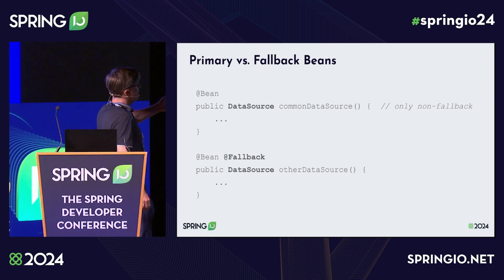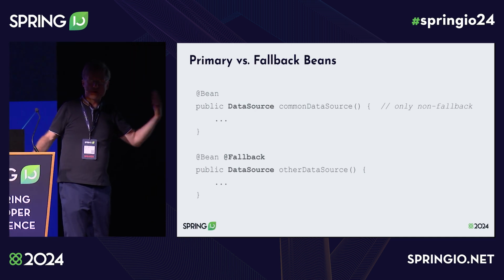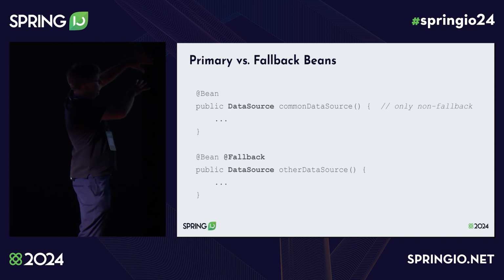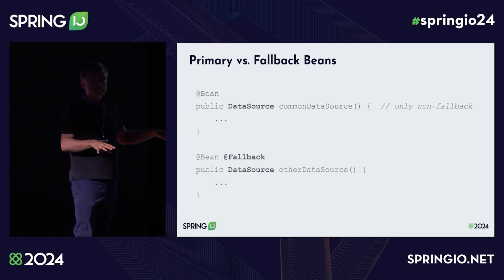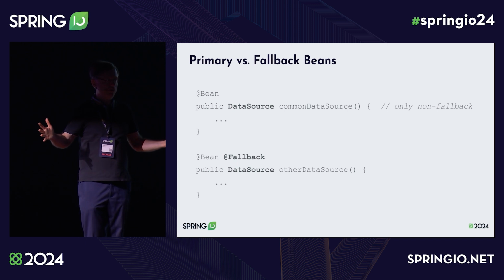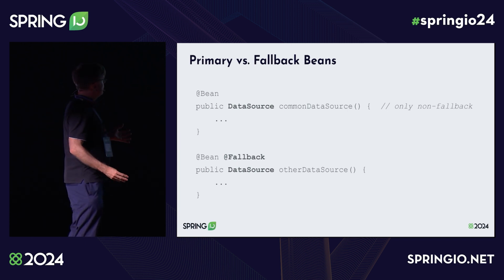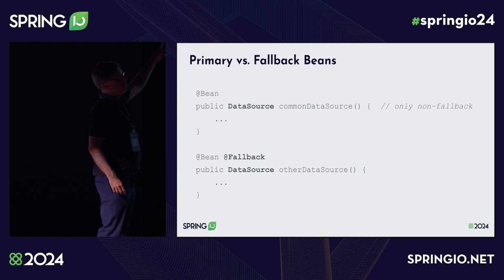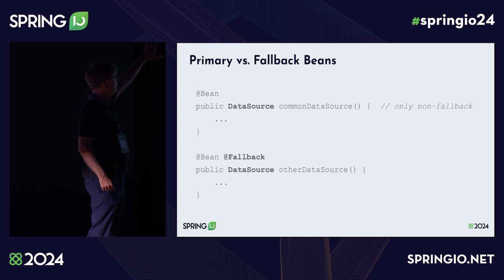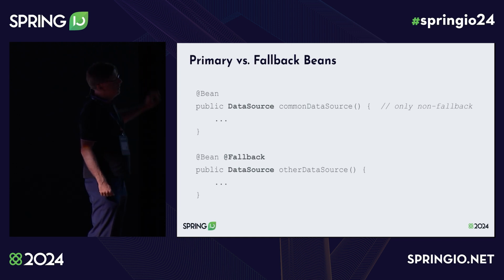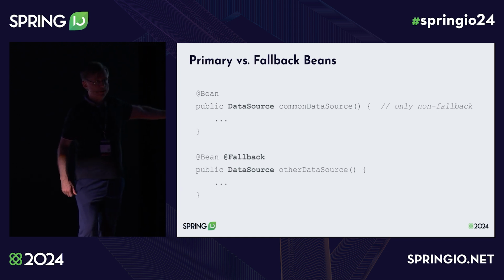The point here, another common request that we got on the issue tracker, is that you might define those in very distinct places, maybe in different modules of your system, maybe in different library jars. So you might not be able to add a primary flag to the original definition. You have to keep it as it originally is. It's not in your hands. But you control the new ones that you're adding, that you don't want to be injected regularly.